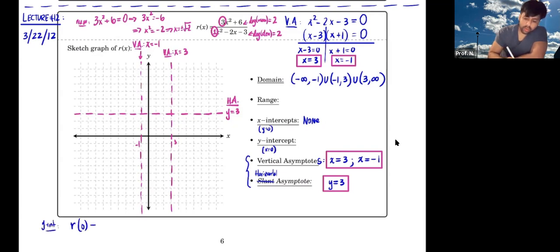If x equals 0, what do I get? I get 3 times 0 squared plus 6 divided by 0 squared minus 2 times 0 minus 3. So this equals 6 over negative 3, which is negative 2. So the y-intercept is 0, comma, negative 2.